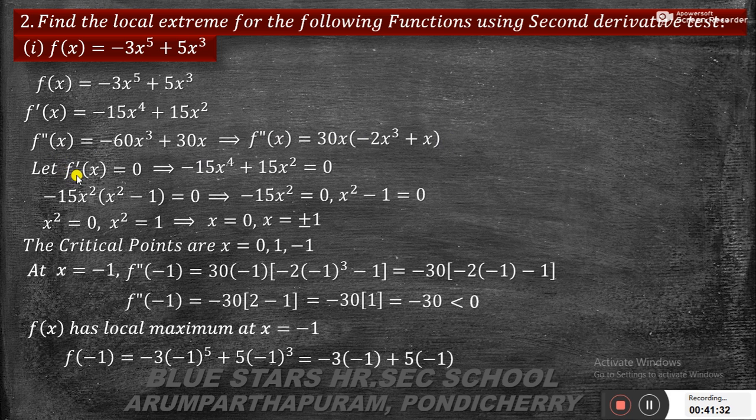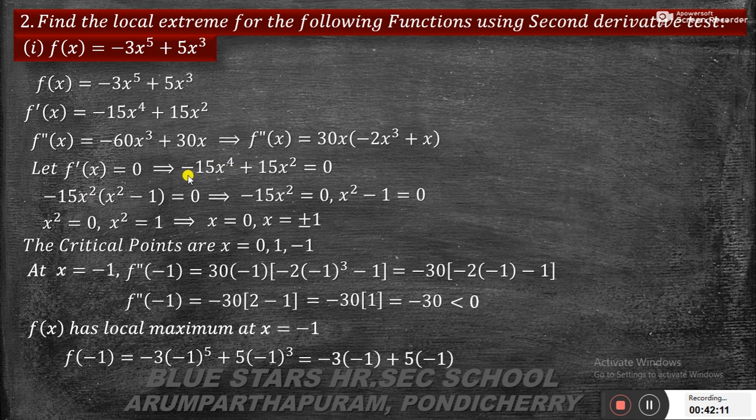Now I take f dash of x equal to 0. So minus 15x power 4 plus 15x square equal to 0. The common factor here is 15x square, and I take out minus 15x square.